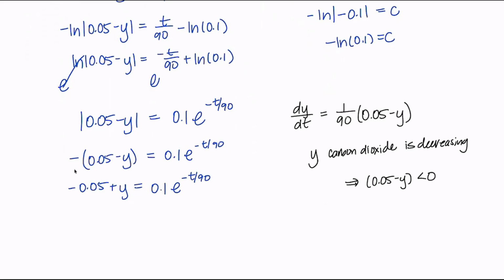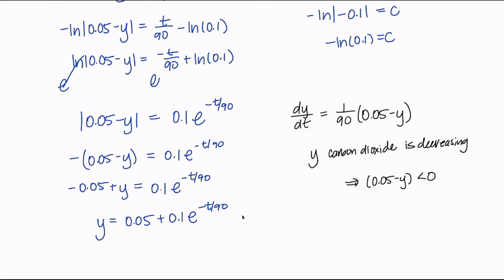Then we'll add 0.05 to the other side. So y is 0.05 plus 0.1 e to the negative t over 90. Now let's do our check and see if this matches the initial condition. When we substitute in 0 for t, e to the 0 is 1. So what do I have left? 0.05 plus 0.1, that's 0.15.